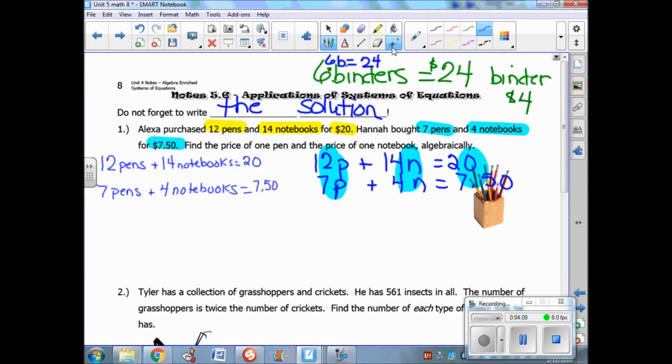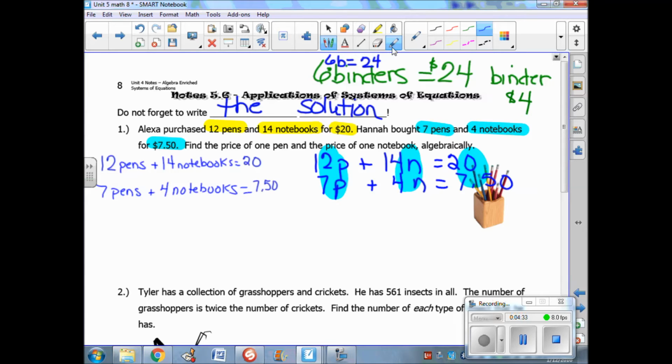So now we've got to create opposites to be able to get something to eliminate. I'm going to eliminate the p's. I've got 12 and 7. What can make these opposites?